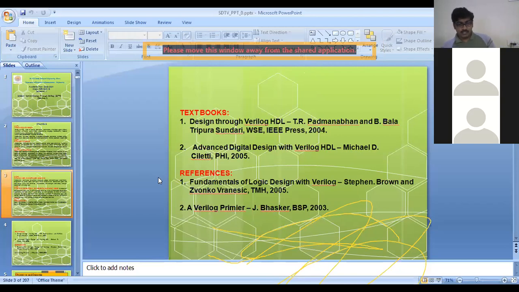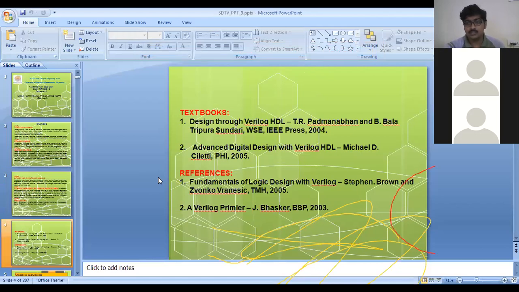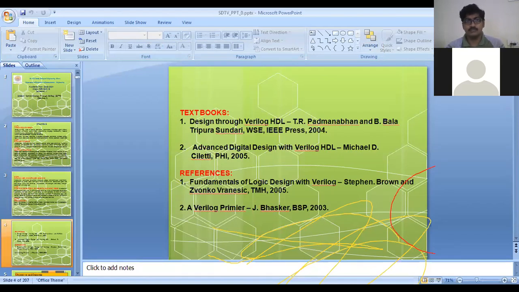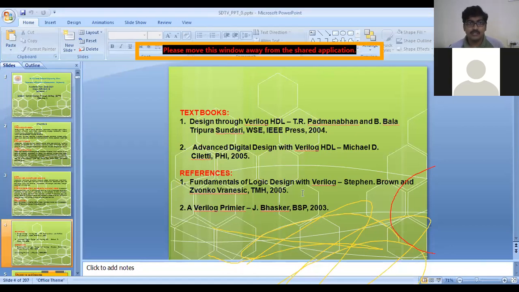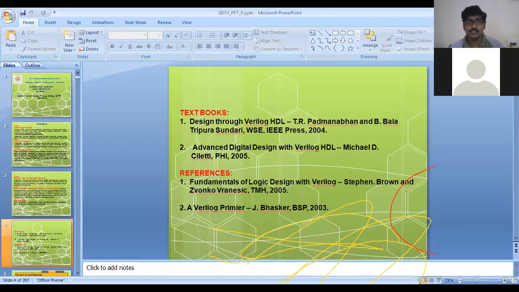These are the four textbooks in our prescribed syllabus. Textbooks such as Design through Verilog HDL.